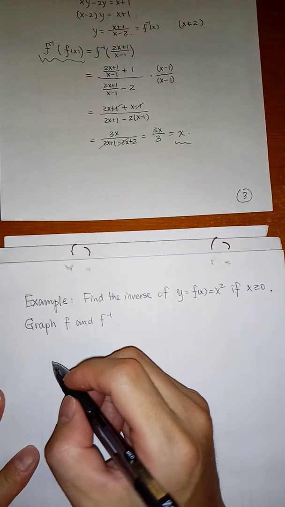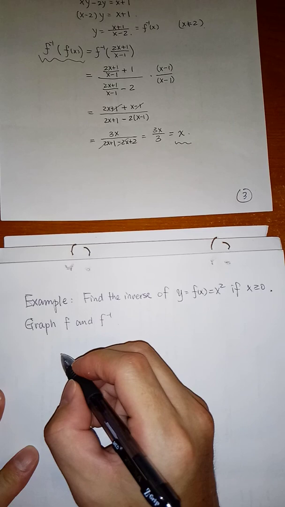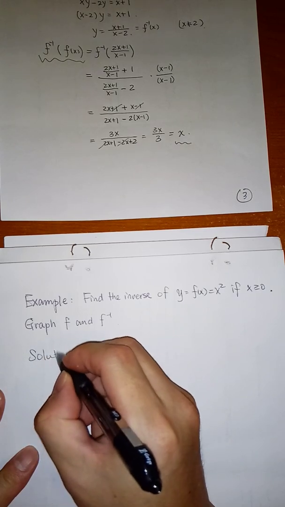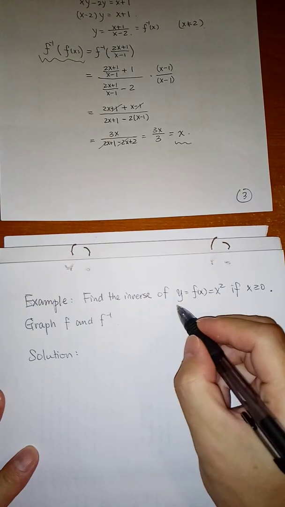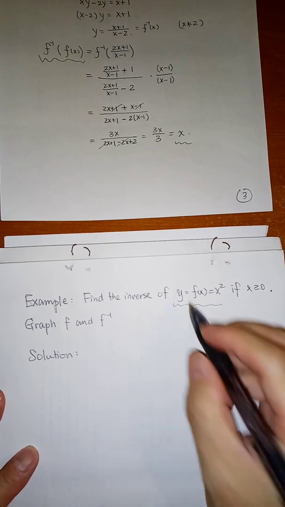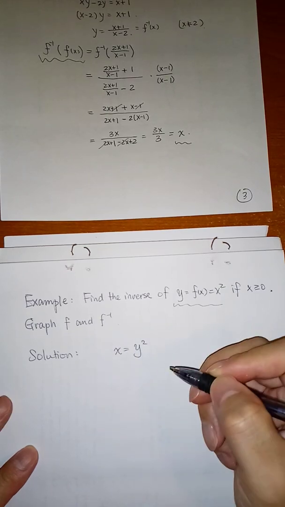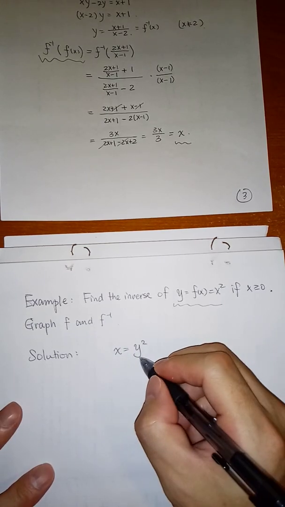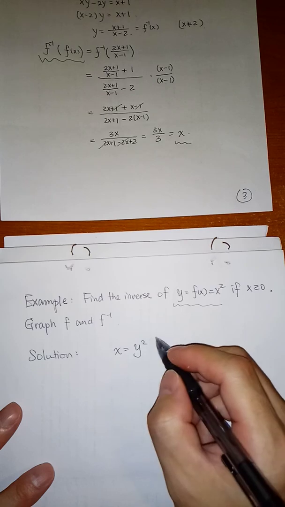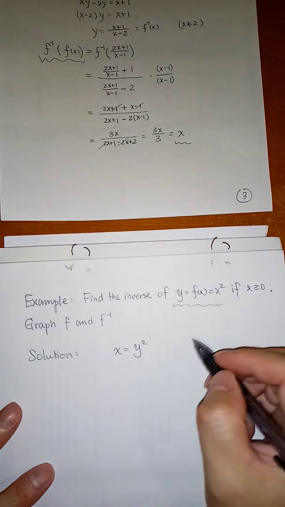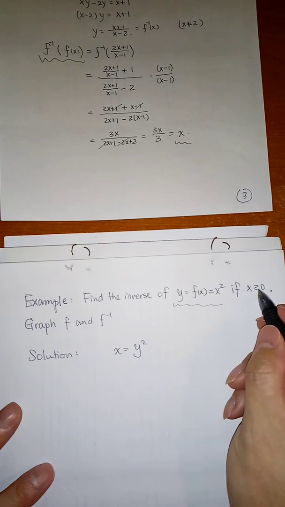Okay, so let's see. So we have this function. The first step, we exchange x and y. And then we are going to solve y in terms of x. Here we will take square root. But remember, this x is greater than or equal to 0.